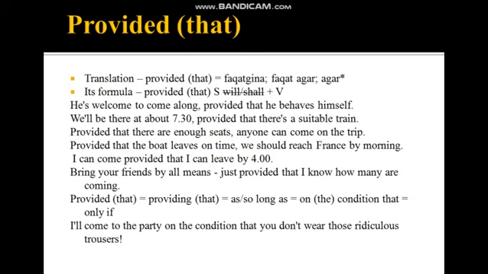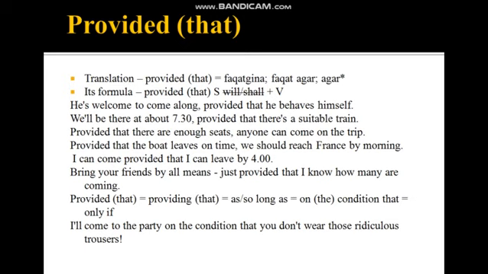Guys, as I've been telling you time and time again, just pay attention and study the way that their grammatical synonyms or just synonyms are used. It's always wise to do so, okay? Just study and study. Okay, I'll come to the party on the condition that you don't wear those ridiculous trousers. So, I hope you have got a complete picture, guys.